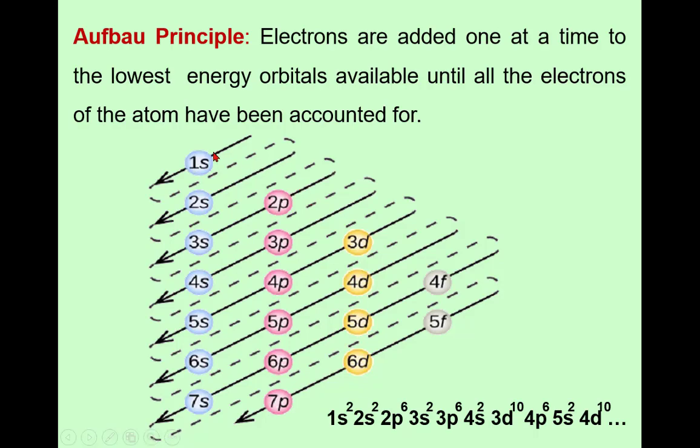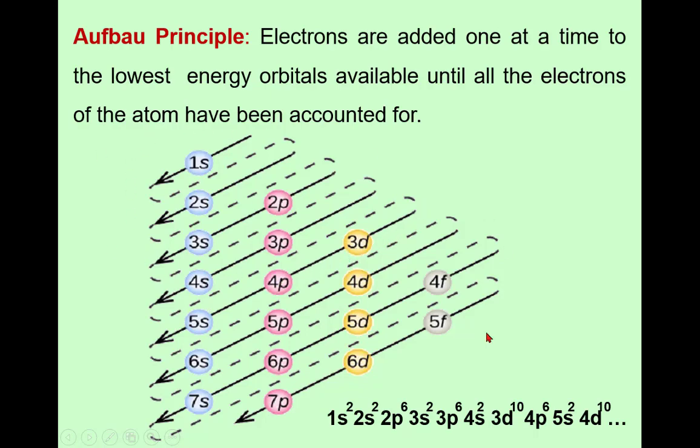For example, 1s till 7s, 2p till 7p, 3d to 7d, and 4s to 5s. So by this path, if you have an element to fill up by atomic number, you start from 1s, then 2s, then 2p, then 3s, then 3p and 4s, and then you have to go back to 3d.